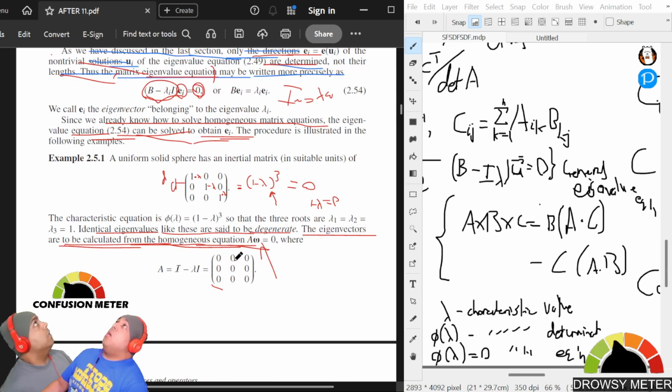That's just an interpretation of this. The eigenvectors are to be calculated.